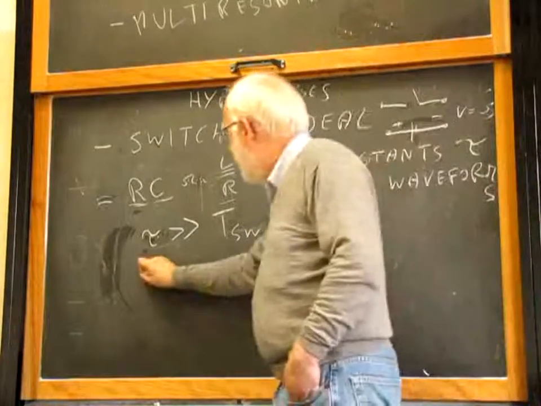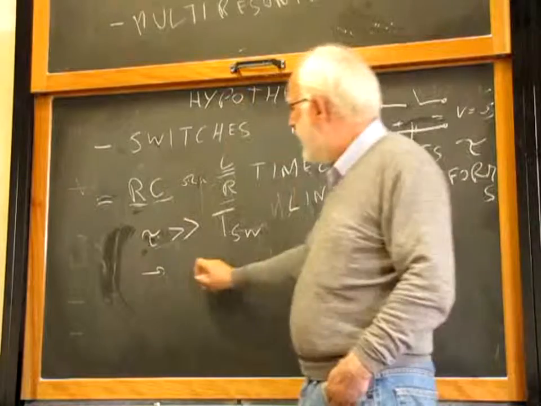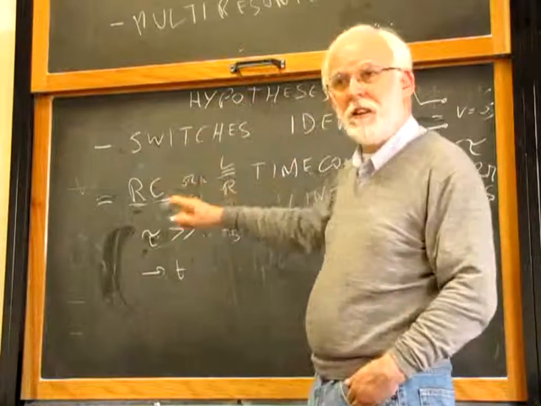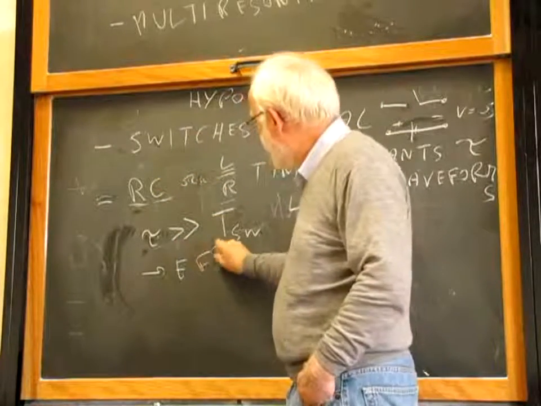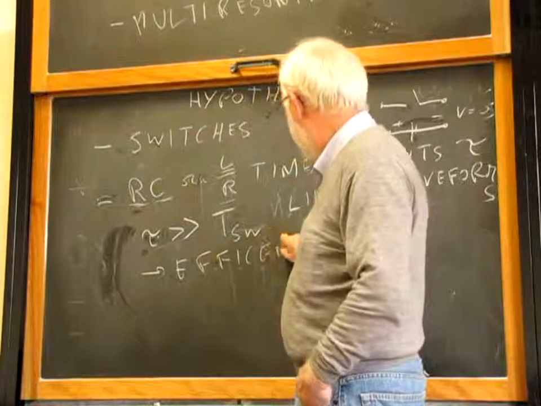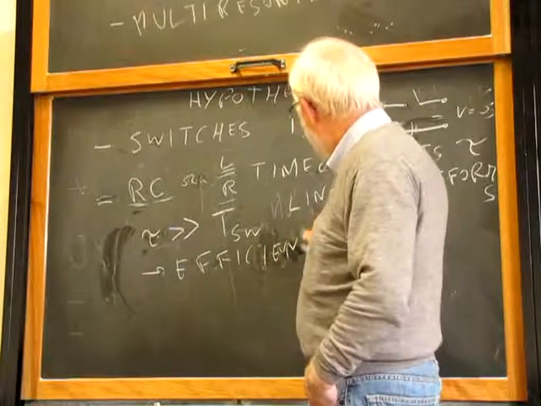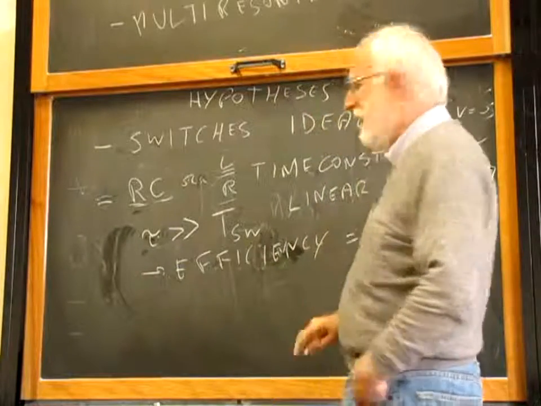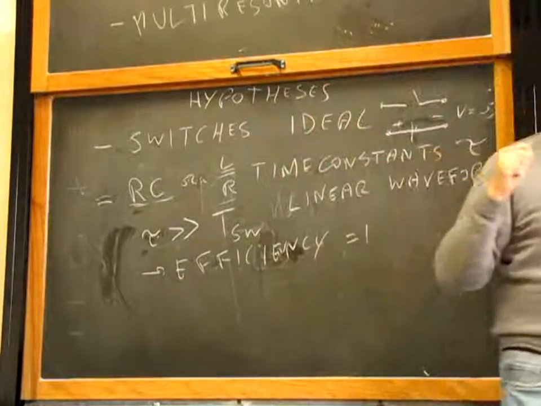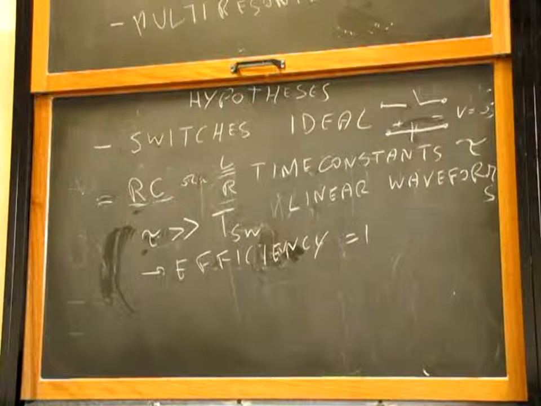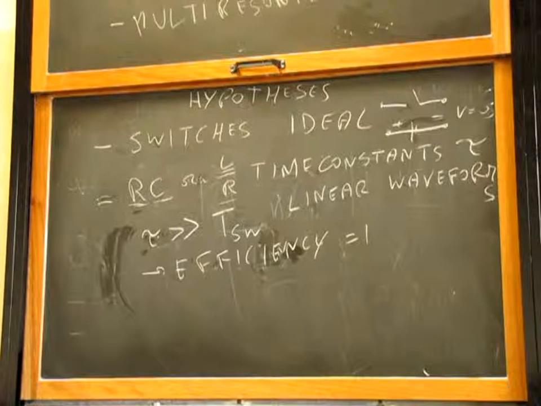An effect of these two assumptions, both of them, is that efficiency is equal to 1. Is it possible? No way. But at the very beginning we will use this assumption.